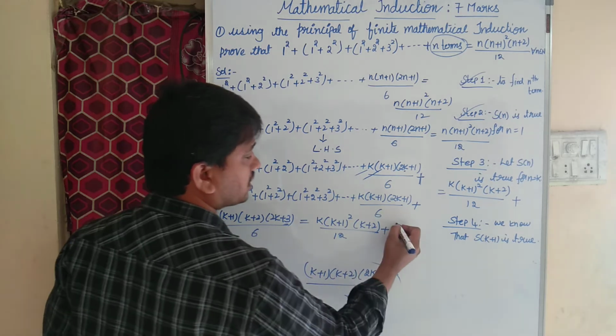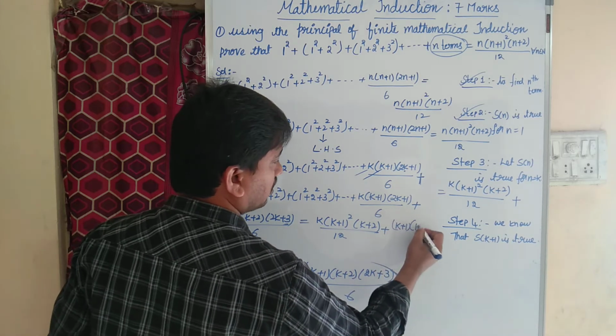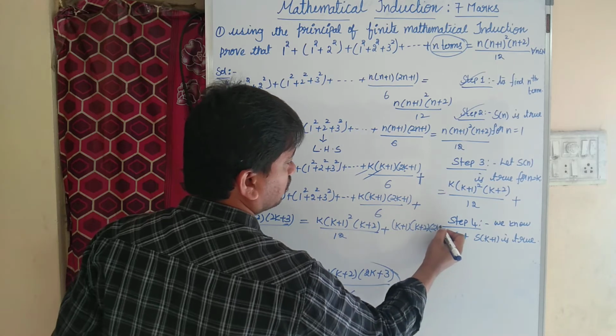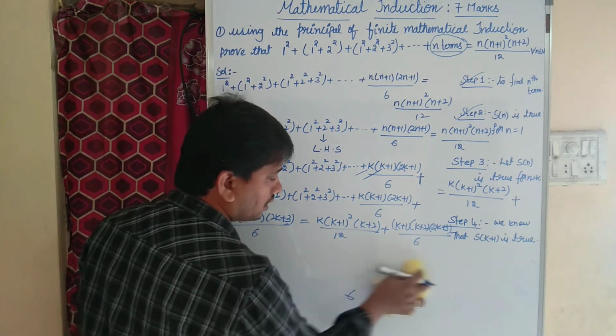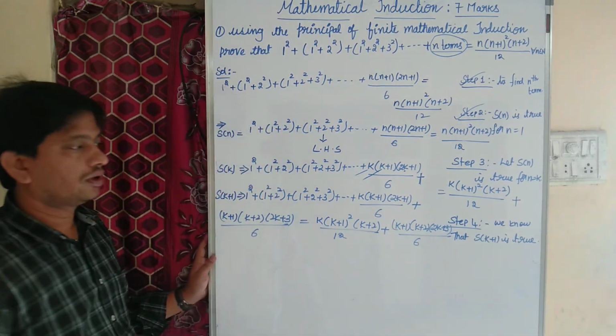Here also we should add this term, k plus 1, k plus 2, 2k plus 3 divided by 6.